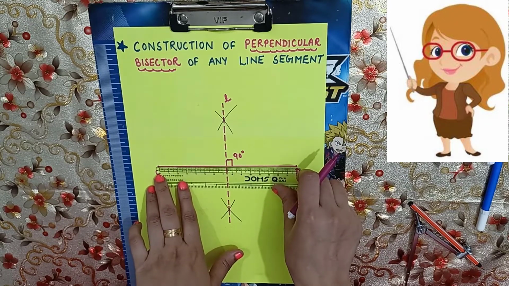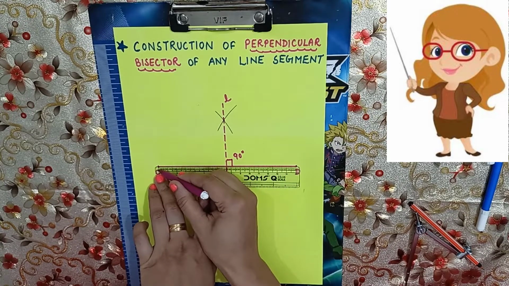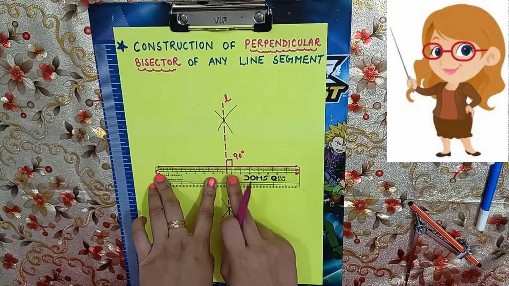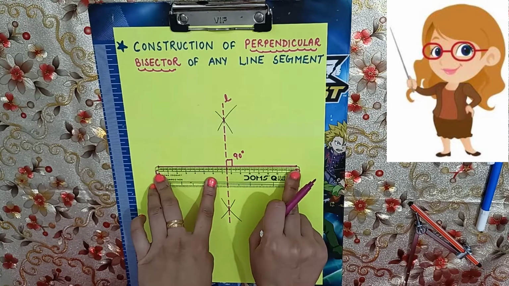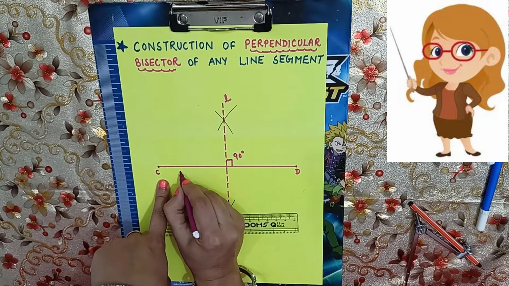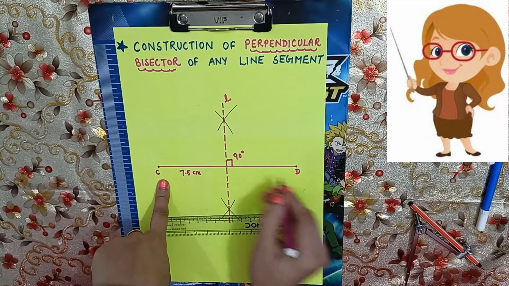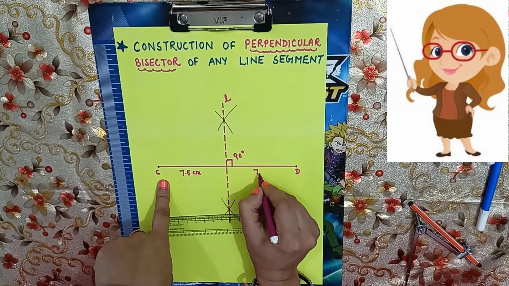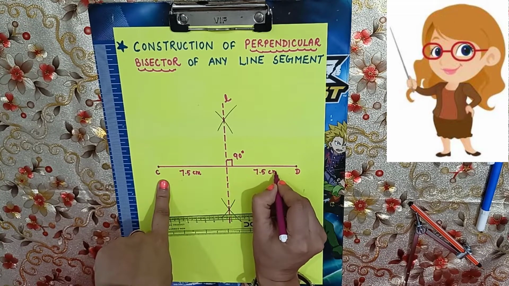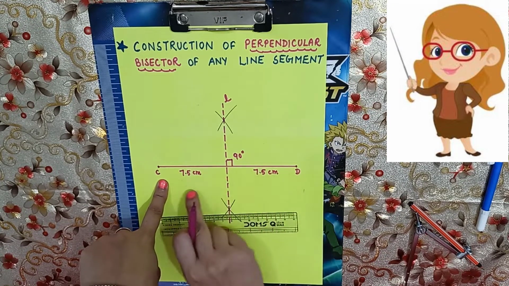See the length of each side. You can see it's from 0 till 7.5 and here also 7.5. So this is just exactly the half of 15 centimeter. So this is 7.5 centimeter and this is also 7.5 centimeter, and the complete length of CD was 15 centimeter.